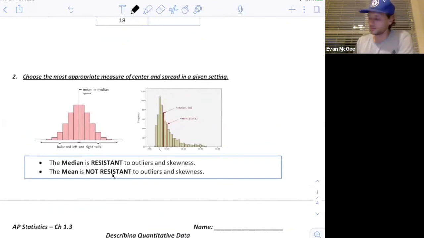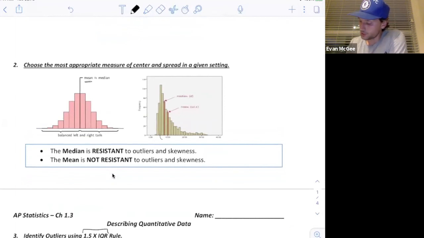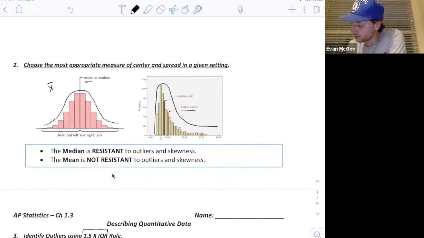So basically, if the distribution is symmetric like this one and there's no outliers, then the mean is going to be the best measure of center. If the distribution is skewed like this one here, then you can see in this graph the mean is actually higher than the median.